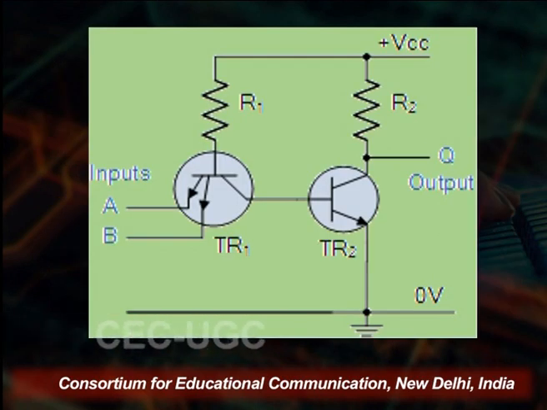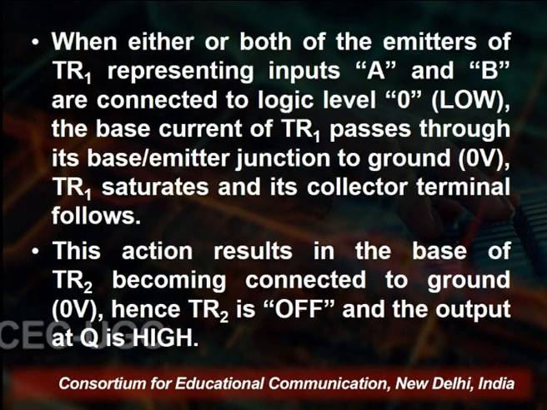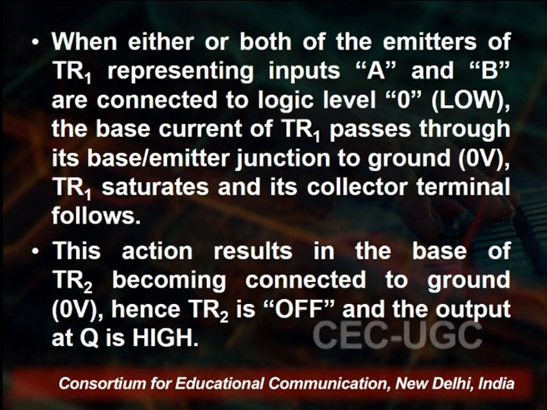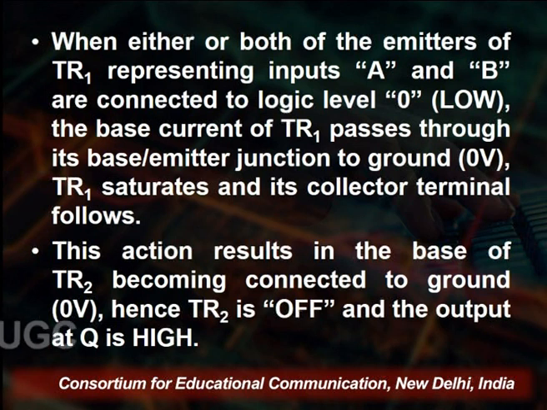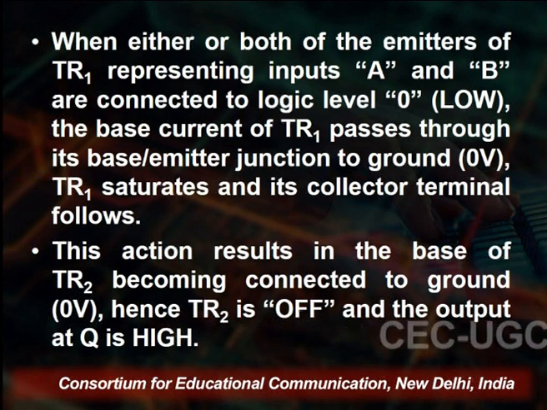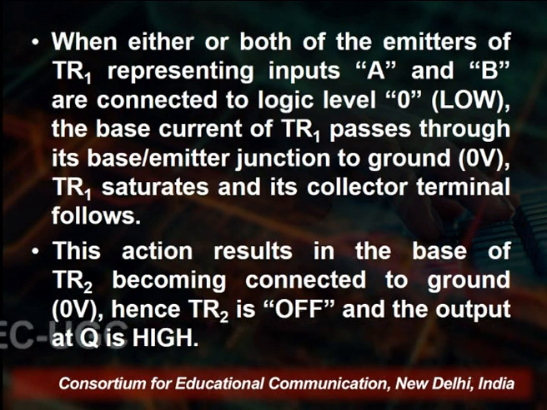Now you see here that one transistor's input is attached to another's output. When either or both of the emitters of TR1, representing inputs A and B, are connected to logic 0 (low), the base current of TR1 passes through its base-emitter junction to the ground, that is 0 volts.